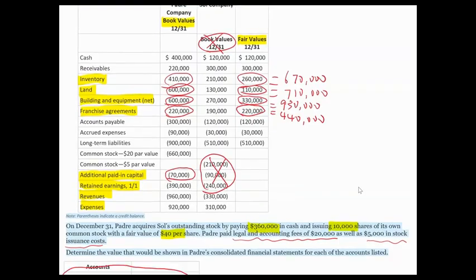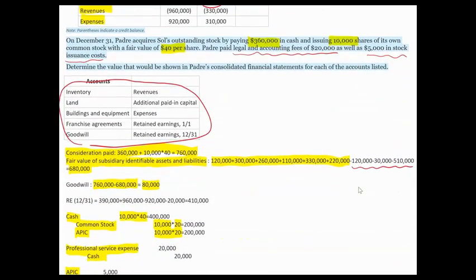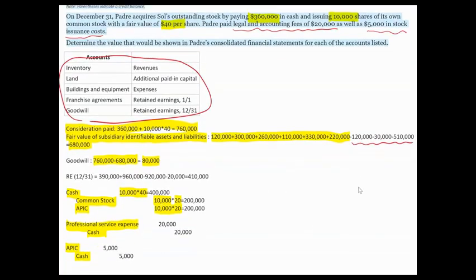So the consolidated balance for the additional paid-in capital should equal this 70,000. And remember that when the parent company acquired the subsidiary company, they issued an additional amount of common stock, so that's going to increase their additional paid-in capital by this 200,000. But that issuance cost is going to reduce the additional paid-in capital by 5,000.